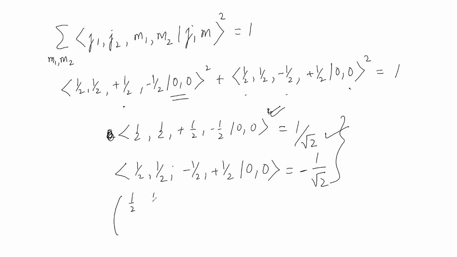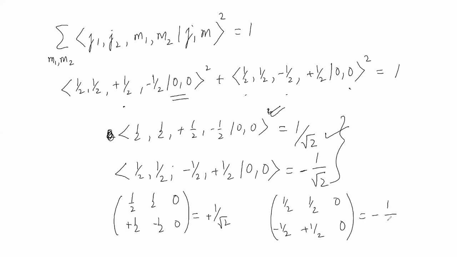As you can recall, I wrote half half 0 plus half minus half 0 as plus 1 by root 2, and half half 0 minus half plus half 0 as minus 1 by root 2. Please note it down, and I will change the slide.